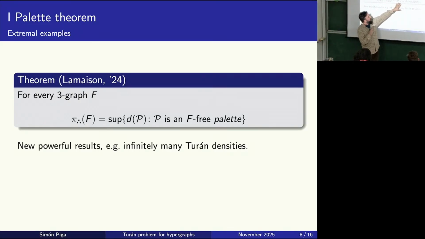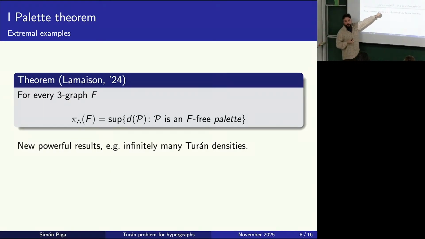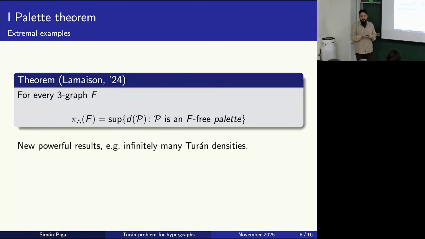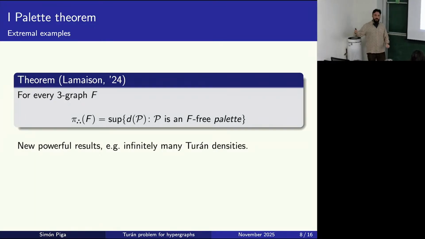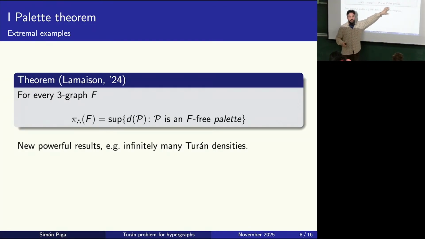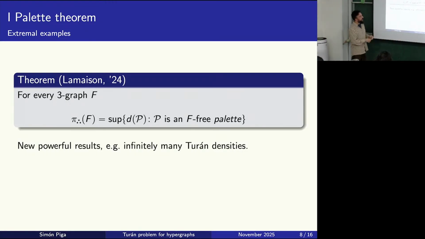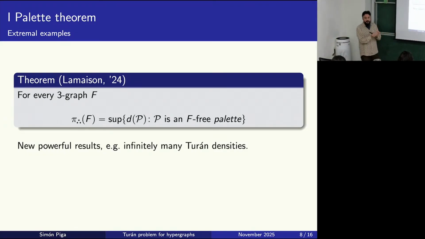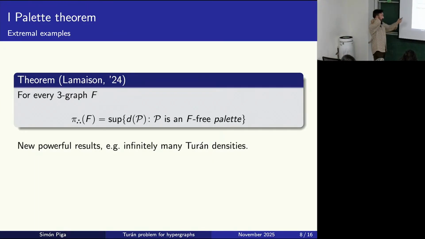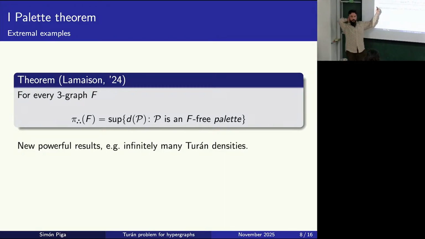It's not that there is a finite family of possible constructions. If you want to check the 3-dot Turán density of F, you still in principle would need to check infinitely many possible constructions. But now the family, before it was all possible hypergraphs, now it's just these palette constructions, which I'm not going to enter into the details of, but it's a much smaller, much nicer family. So if you study that family well enough, you will maybe be close to an Erdős-Thom theorem. This is not yet there, but it's an important step in that direction.